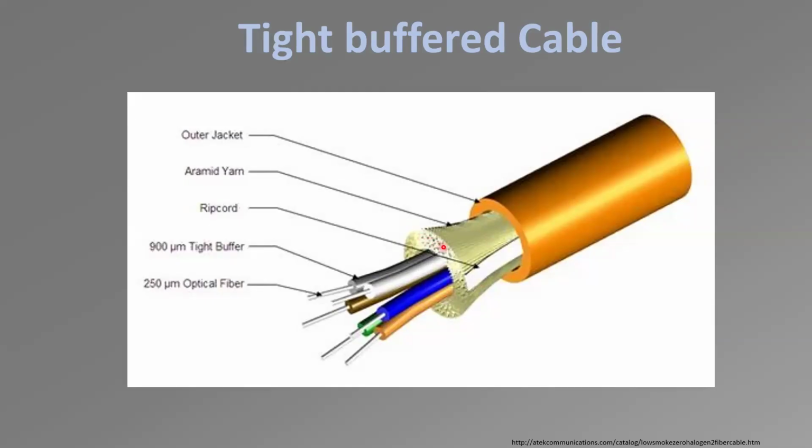So obviously we're not going to make them so tough that they can withstand the outside environment, because we are inside. So we don't need that water absorbing tape. We can pack them tightly. We don't need the loose tube configuration because we are not having extreme temperature changes.